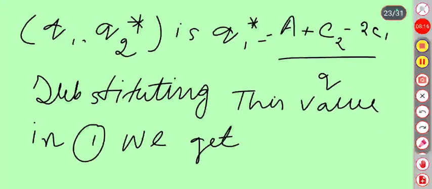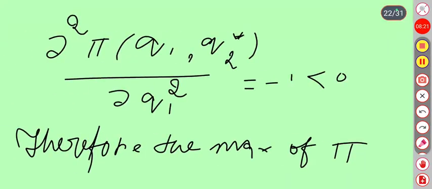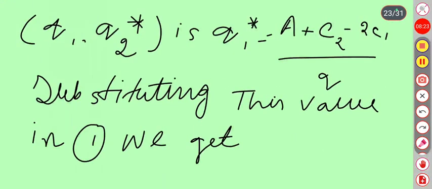Therefore the profit maximization gives Q1 star equal to (A plus C2 minus 2C1) by 2. Q1 star is equal to this value because the first order condition is equal to 0.